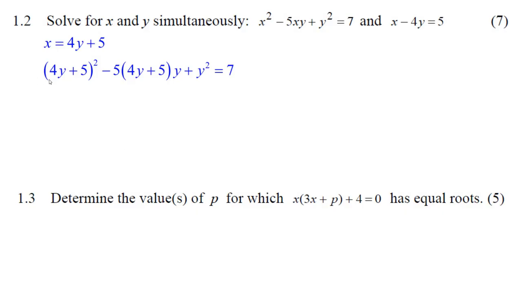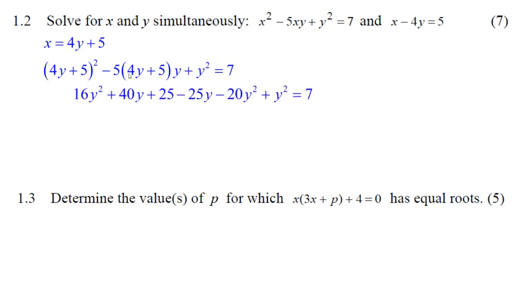Not too hard. Now, when you do FOIL on this, be very careful because you've got to square the first thing and square the second thing. So that's 16y squared, that's 25. But then it's 2 times the first thing and the second thing multiplied together. There's an outer and an inner product when you multiply these, and that's how you get the 40y.